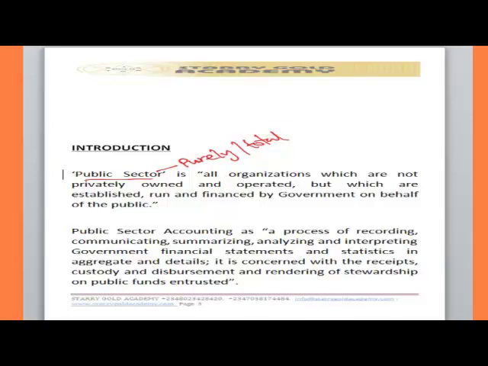We said such organization is referred to as public sector.